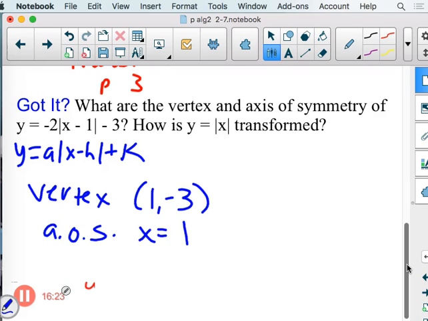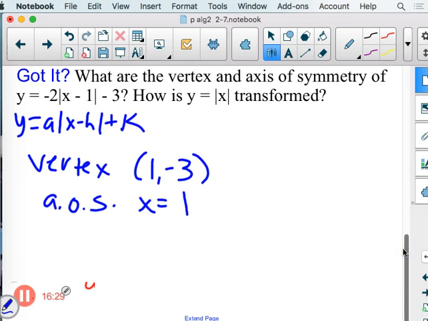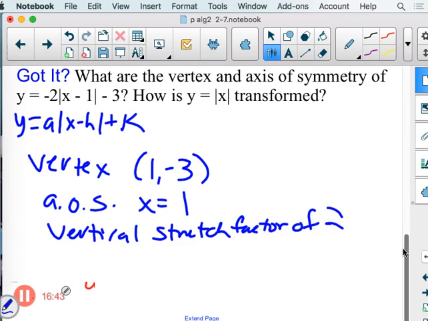There it is. And now we just have to describe those transformations from left to right. Well, the -2 out in front is kind of silly because that's the exact same thing we had on the last one. But what does it mean? Vertical stretch, factor of 2. And it's a -2.